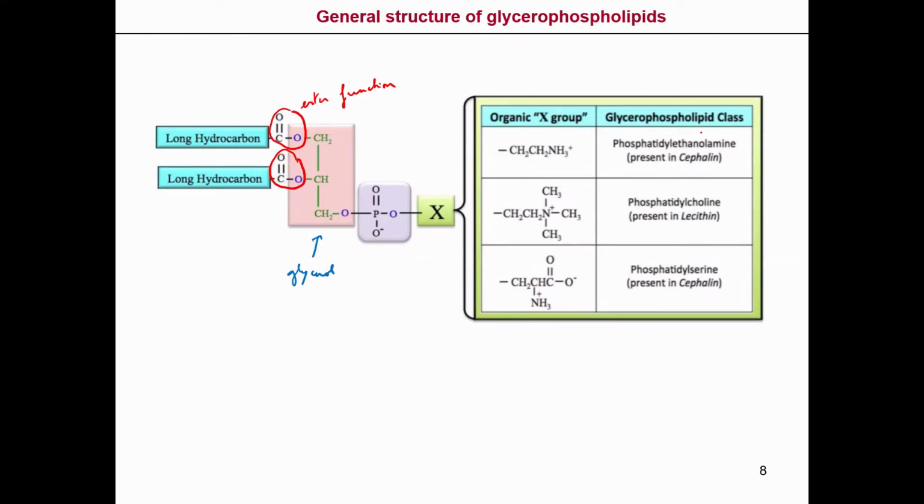It's an organic group, and it can be an amine, amino acid, and depending on the X group, you have several names, okay? Several glycerophospholipid classes. So you have phosphatidylethanolamine, phosphatidylcholine, phosphatidylserine, and so on.